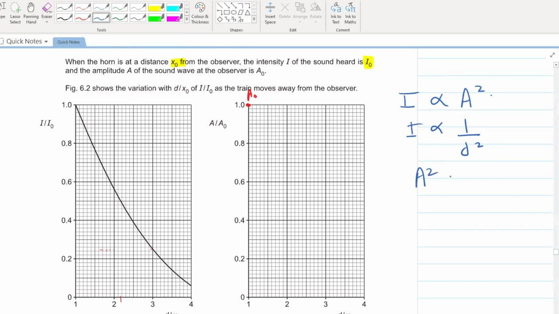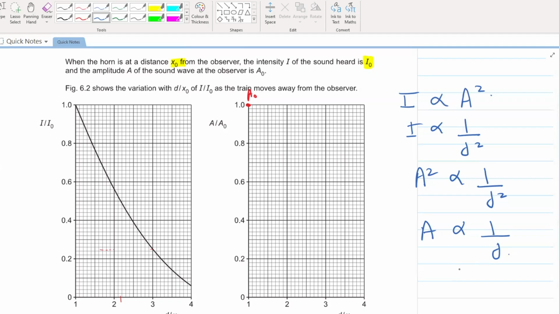Can you write it like this: amplitude square is inversely proportional to 1 over d square? Can you take square roots on both sides? Yes, take square roots on both sides. Amplitude is inversely proportional to distance.